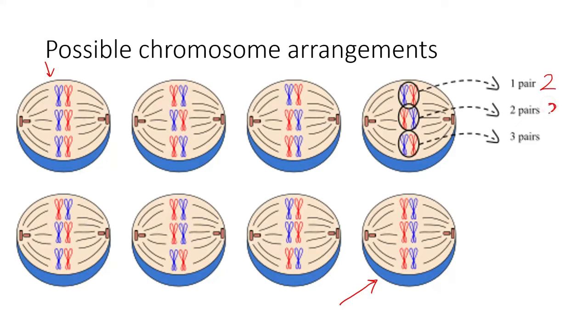And for this pair, since we have 2 chromosomes, there are 2 ways we can line those up. And for the third pair, same thing. And so mathematically, that's just 2 times 2 times 2, which is the same thing as saying 2 to the 3rd power. See, it's a good thing you took all that math. Now you get this. And that means 8 possible combinations, which is what we got here.